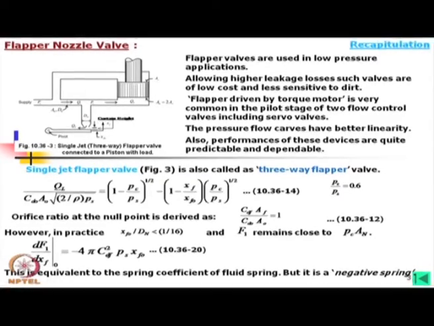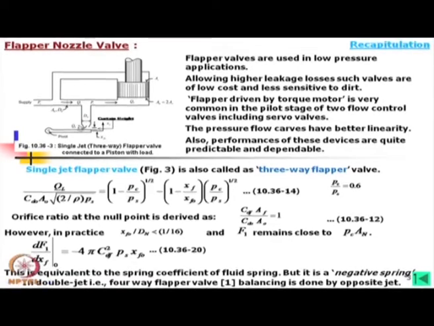What does it mean? In case of a positive spring, the force increases when it is compressed, but it is the other way here. If we reduce the length, then the force will increase, and due to that control becomes a problem.